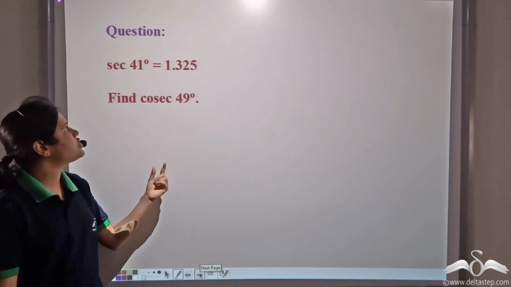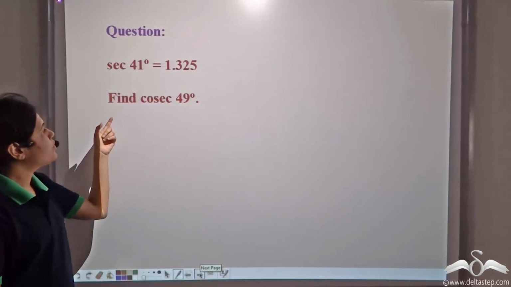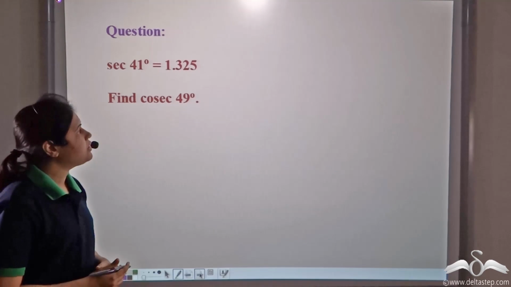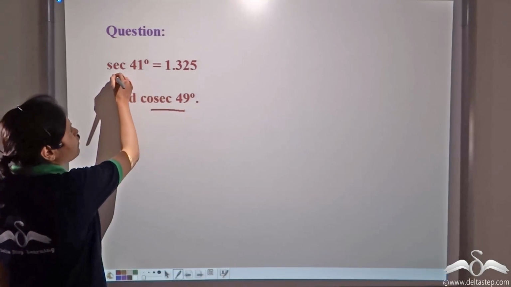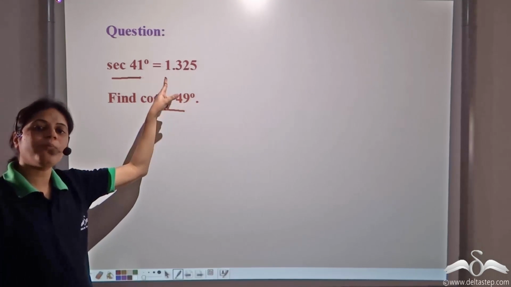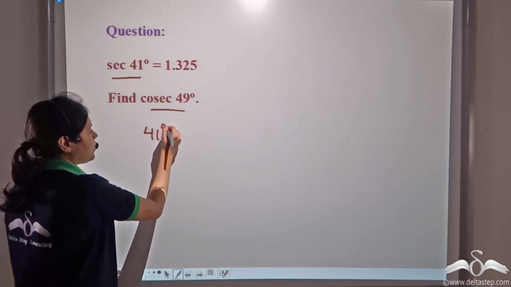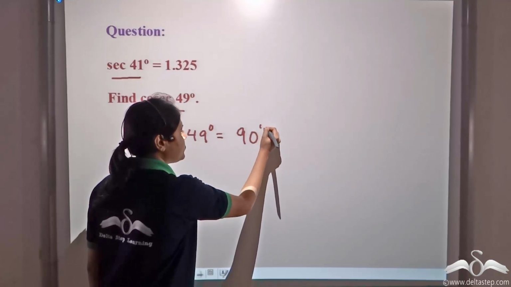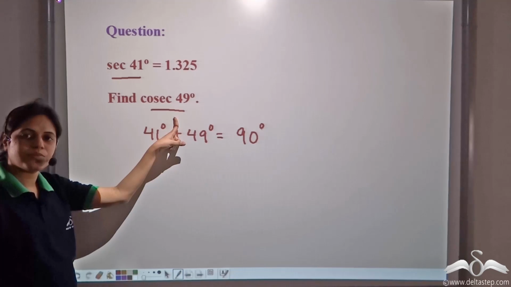Now can you answer this question? Sec 41 degree equal to 1.325. Find cosec 49 degree. Well, we see that this is 49 degree and this is 41 degree. 49 degree and 41 degree are the complementary angles, because 41 degree plus 49 degree is equal to 90 degree. Also sec and cosec are complementary ratios.